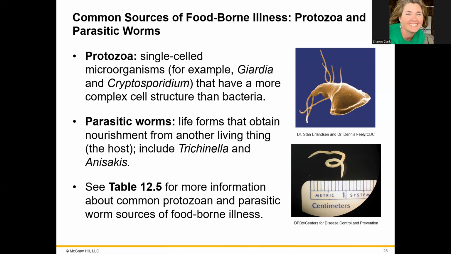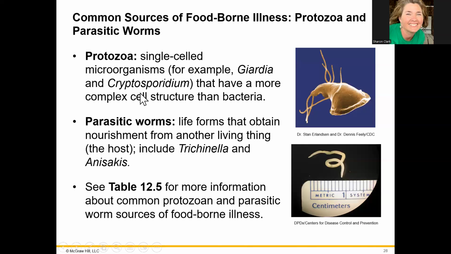And you see here Cryptosporidium, and there's also the Toxoplasma protozoan, which is not listed here, but I think it is in your textbook, that can be harmful to pregnant women. It can live in the intestinal tracts of some of your domesticated animals like cats, and can be in their feces in the litter box. So you've got to be careful with the Toxoplasma protozoan.